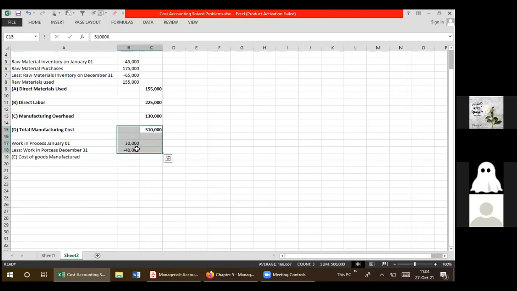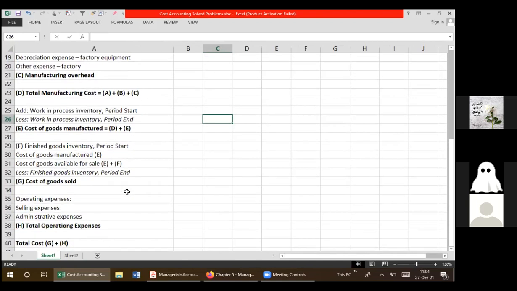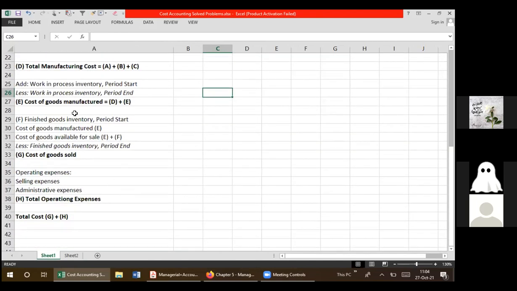So that is 510,000 plus 30,000 minus 40,000, which is 500,000. Cost of goods manufactured.